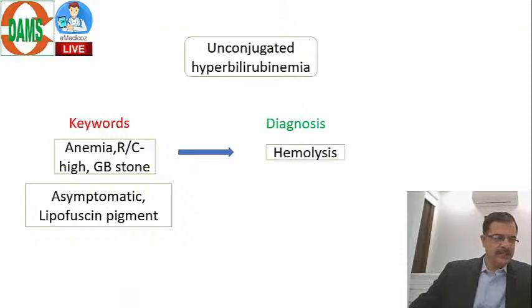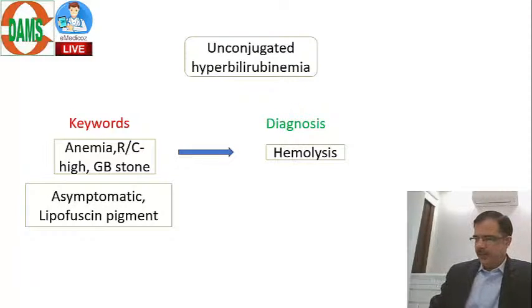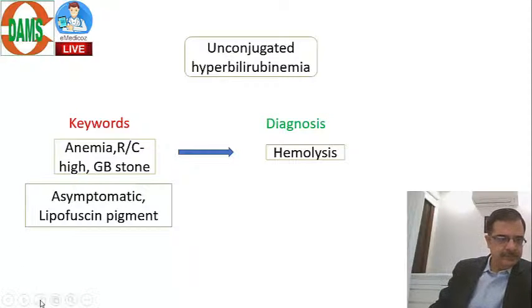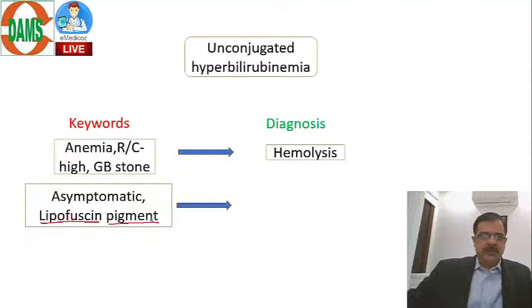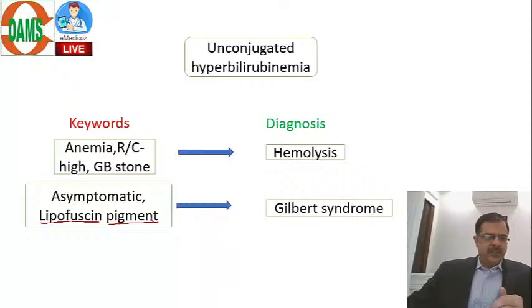Now the second case is the case of an asymptomatic patient. Lipofuscin pigment is the key, a very important keyword here. Lipofuscin pigment deposit in the liver. Our diagnosis will be a case of Gilbert syndrome: lipofuscin pigment, asymptomatic patient.